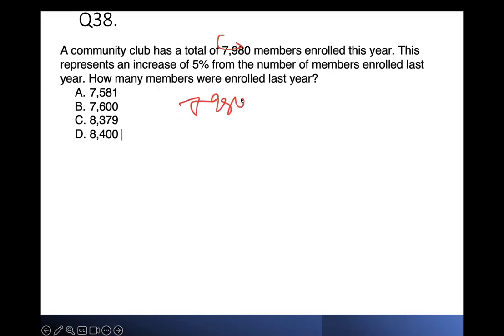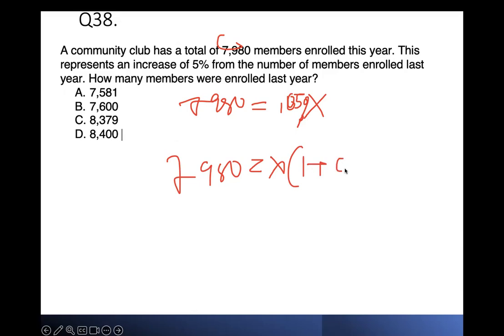Enrolled in that year. That means this number is equivalent to a 5% increase from the number of members enrolled last year. If members enrolled last year is X, a 5% increase is 105% of X. So find 105% of X. Or you can say 7980 is the original increased by 0.05.